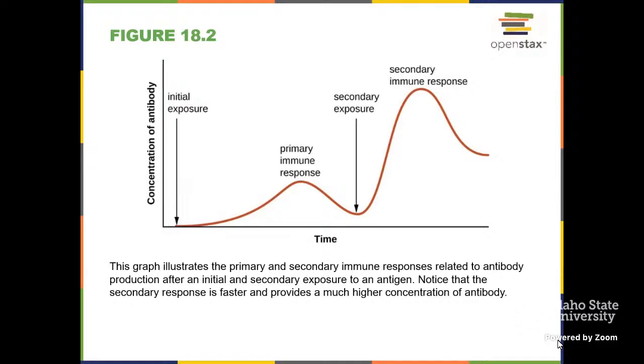They are already primed for the detection of whatever it is that we were initially exposed to. Upon second exposure, these cells respond almost instantaneously. We can see the amount of antibody that's generated starts very quickly, and it spikes to considerably higher levels of antibody compared to the primary response.